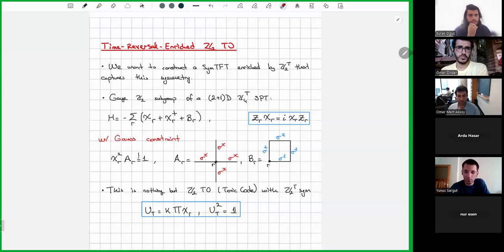So as long as I have a closed manifold, this time reversal operator squares to identity in the physical subspace. So it's not an operator identity, but it is an identity in the subspace where the Gauss constraint holds. So that's the construction. This is the claim that this is the correct Z2 time reversal enriched Z2 topological order.